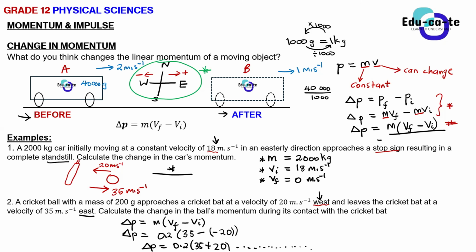Otherwise, the answer that you are going to get, if it's a positive answer, what is the direction going to be? It's going to be east. If it is going to be a negative answer, what's going to be the direction? West. Okay, cool. But for this one, it's going to be positive. We can see that, right?